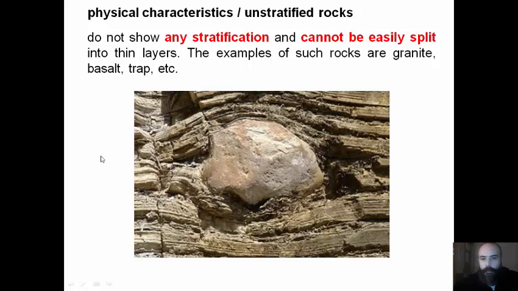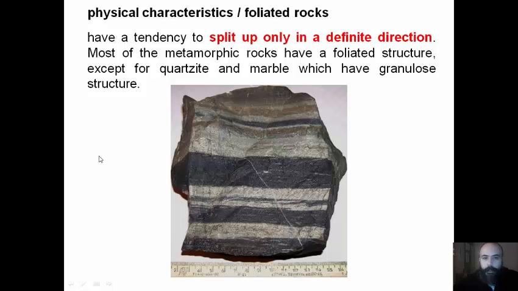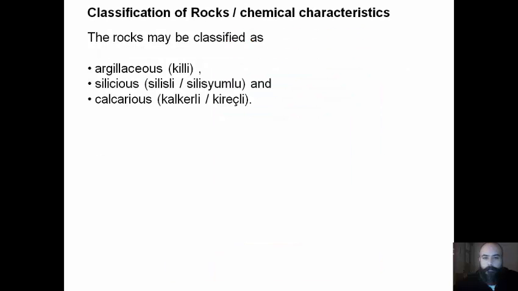The examples of such rocks are granite, basalt, trap. Foliated rocks have a tendency to split up only in a definite direction. Most of the metamorphic rocks have a foliated structure except for quartzite and marble, which have granulose structure.